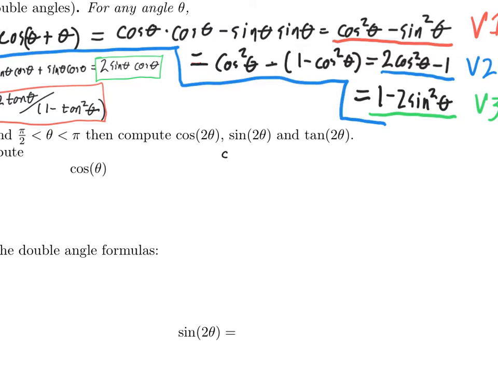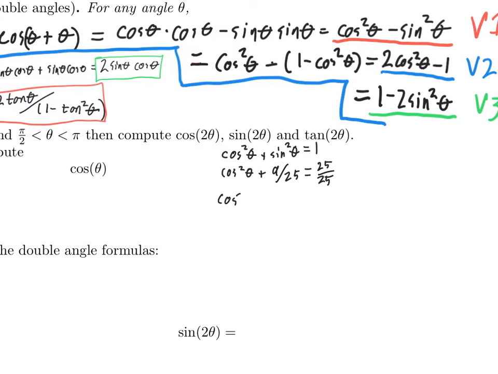So to find cosine of theta, you'll use the fact that cosine squared theta plus sine squared theta is always 1. So cosine squared theta plus, since sine of theta is 3/5, sine squared of theta will be 9 over 25, is equal to 1, which I'll go ahead and write as 25 over 25. We'll subtract the 9 over 25 to the other side.